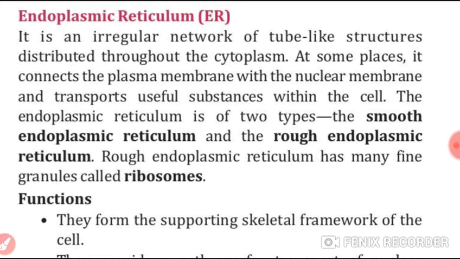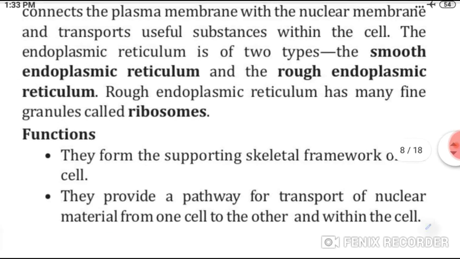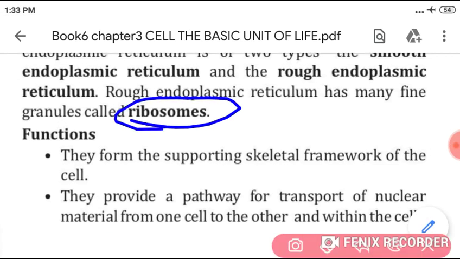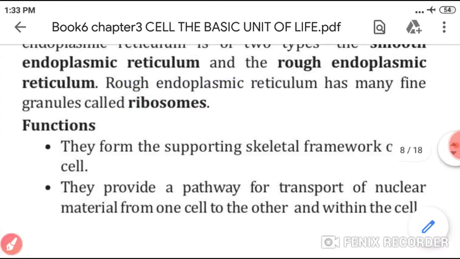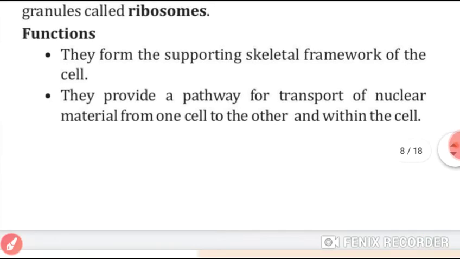Rough endoplasmic reticulum, students, has many fine granules and they are called what? Ribosomes. Which endoplasmic reticulum has these? Rough endoplasmic reticulum. Okay. What is the function of this ER? They form a supporting skeletal framework of the cell, students, and they provide a pathway for the transport of nuclear material from one part to another within the cell, students.